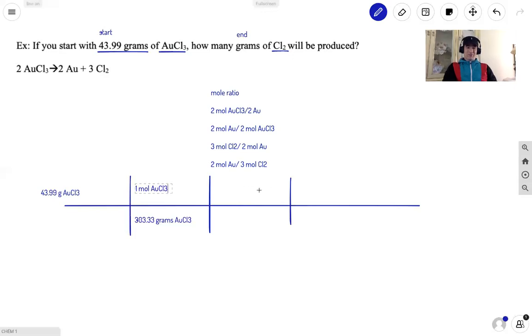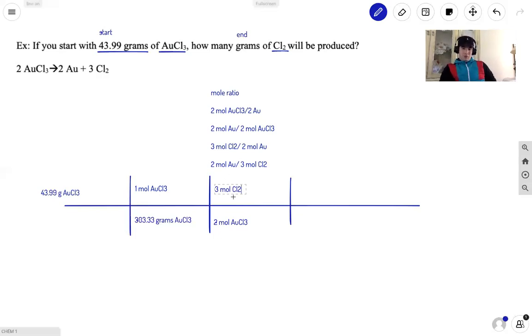So 2 moles gold trichloride, and for every 2 moles of gold trichloride I get 3 moles of dichloride. That's my molar ratio.